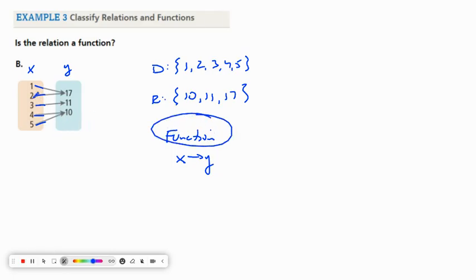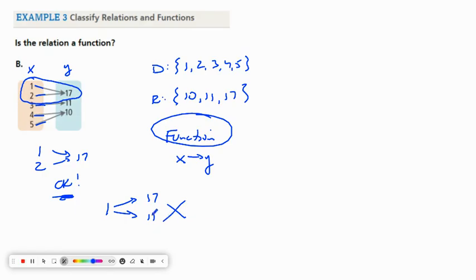Now, don't let them confuse you with this top part. 1 and 2 both going to 17 is okay. It is not like this, where 1 is going to, say, 17 and 11. This is bad. That means not a function. But if two x's have the same y, that is okay. It can still be a function.